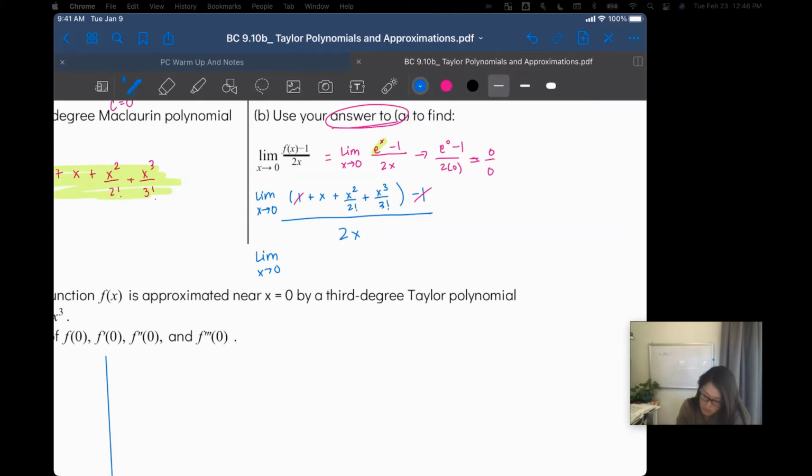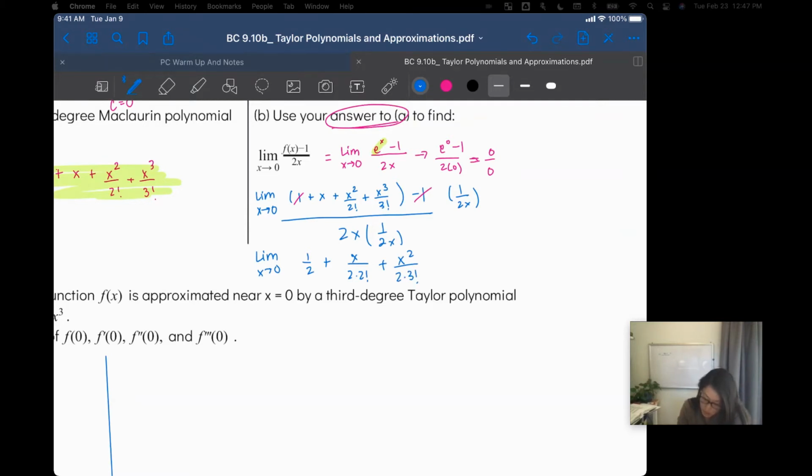And I get the limit as x approaches 0 of, and I'm going to go ahead and multiply this fraction by the denominator of 1 over 2x. So x over 2x would be 1/2, and then x squared over 2 factorial over 2x would give me plus x over 2 times 2 factorial, one of the x's cancels, plus x squared over 2 times 3 factorial.